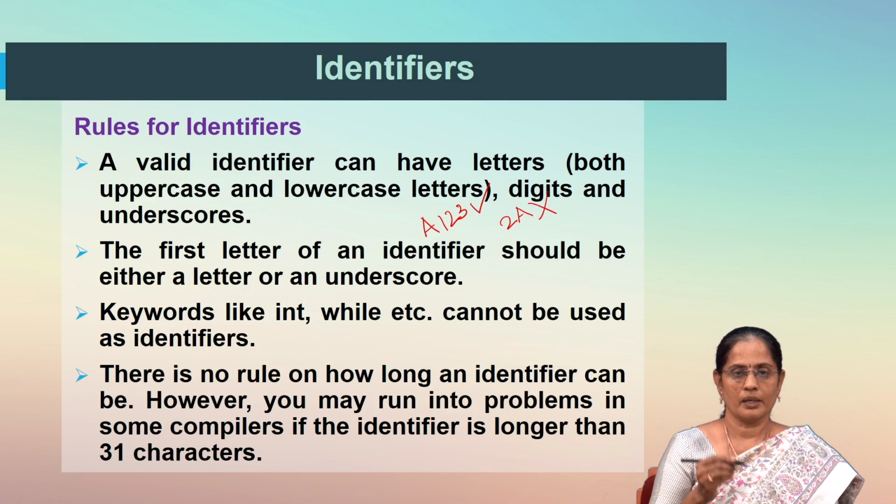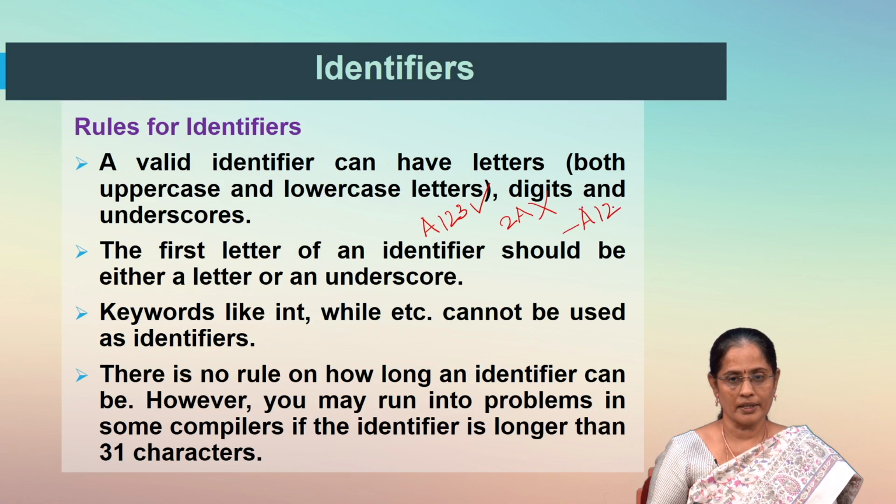So, remember, I repeat, the valid identifier should start only with a letter, either uppercase or lowercase, or the special symbol underscore is allowed to name a variable. Say for instance, I can make use of an underscore, and with that I can name an identifier.